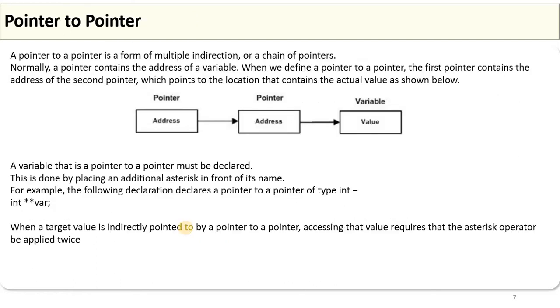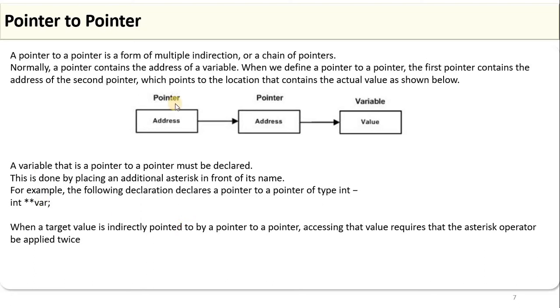Now let us see pointer to a pointer. A pointer to a pointer is a form of multiple indirection, or a chain of pointers. Usually a pointer contains the address of another variable. But when you define another pointer which will hold the address of another pointer, then it is a pointer to a pointer.